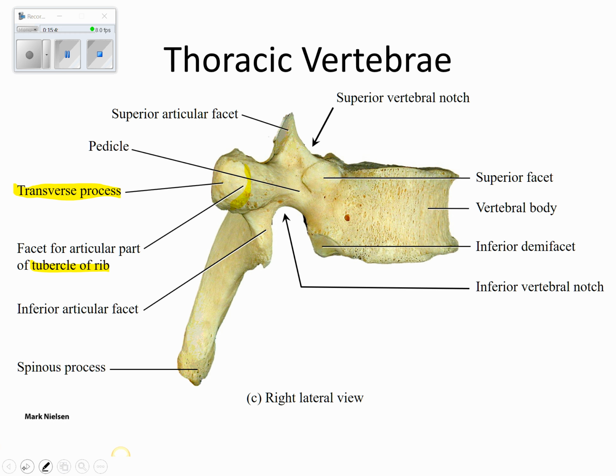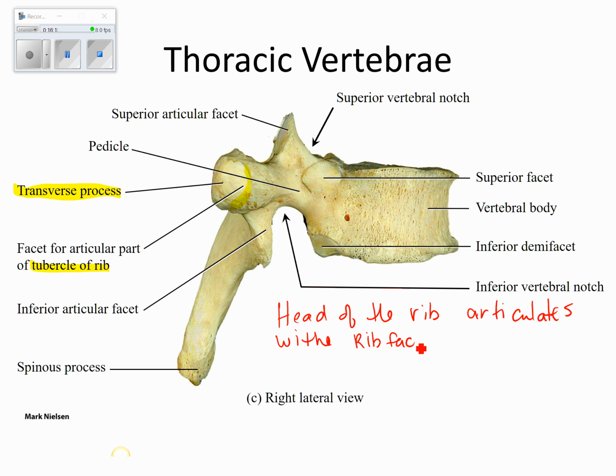So some things you need to know: the head of the rib articulates with what we call the rib facet of the vertebra. And that rib facet is on the back side of the transverse process.